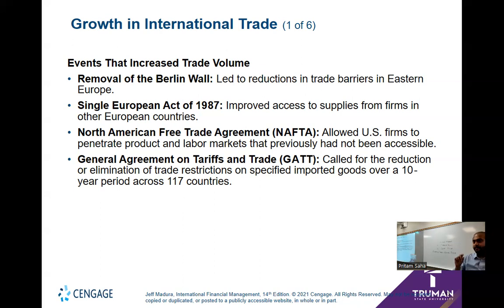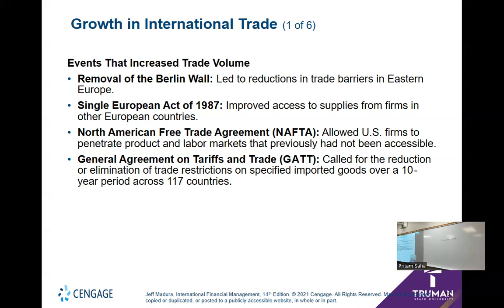The most important agreement in the last, I believe, 20 years is the creation of the European Union, right?